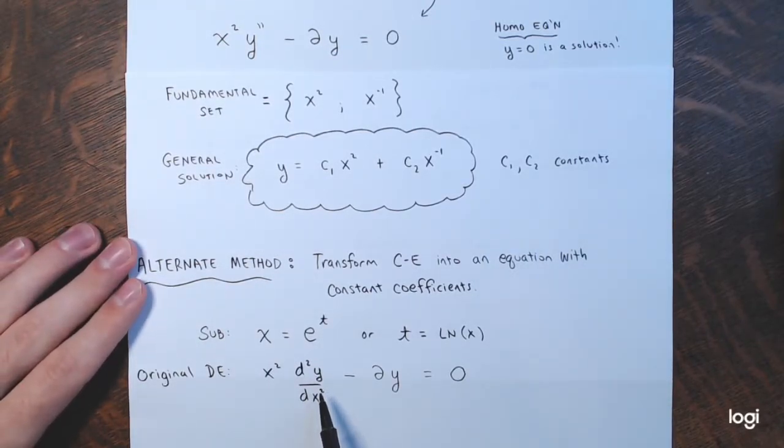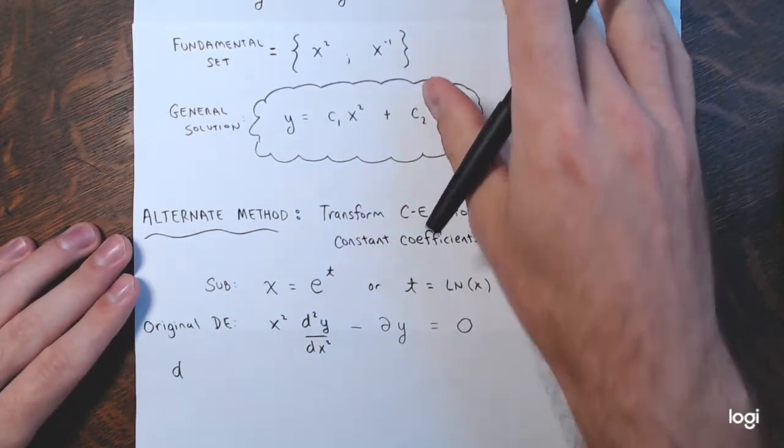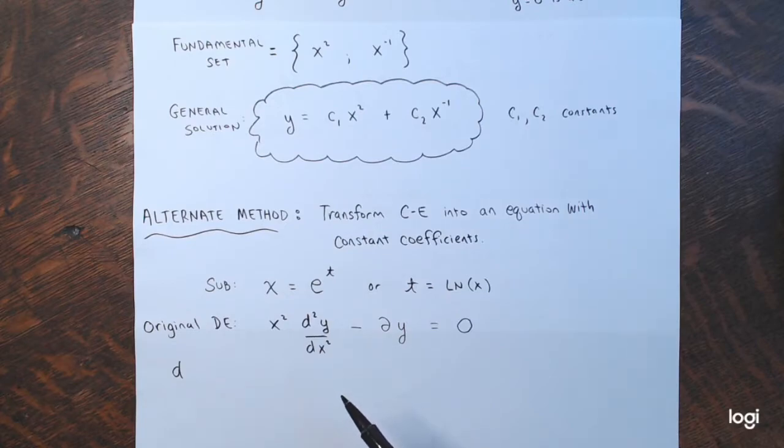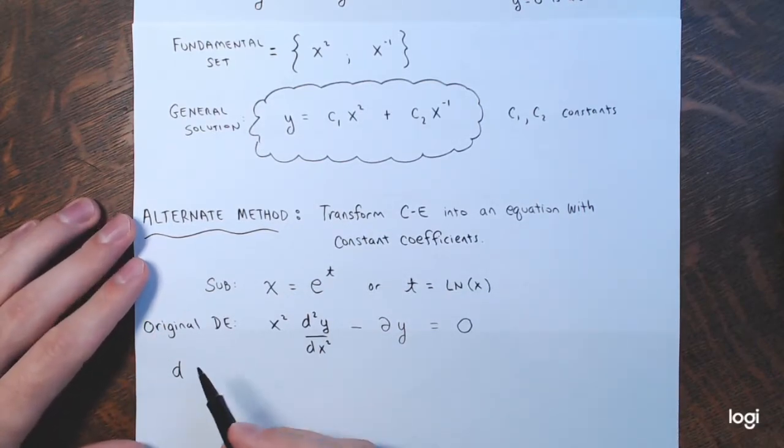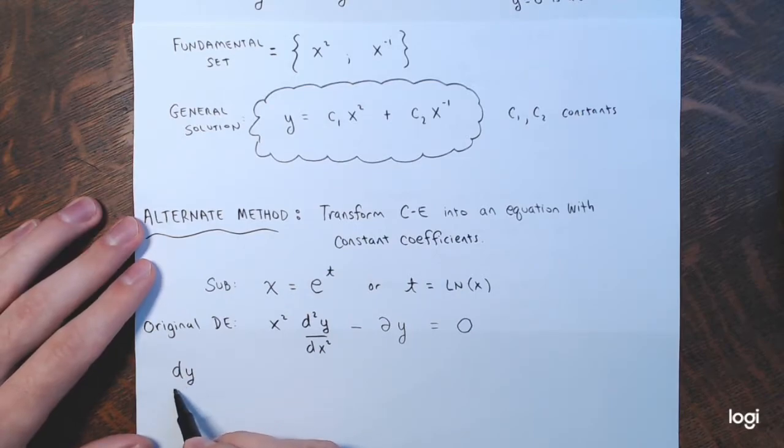So first off, if I want to replace the second derivative of y with respect to x with another expression involving derivatives of y with respect to t, I'm going to use the chain rule. All right, remember dy dx. So y depends on x, and x depends on t now, right?